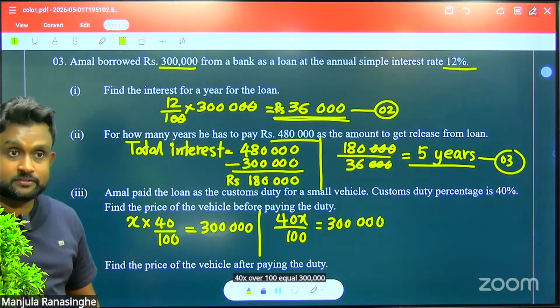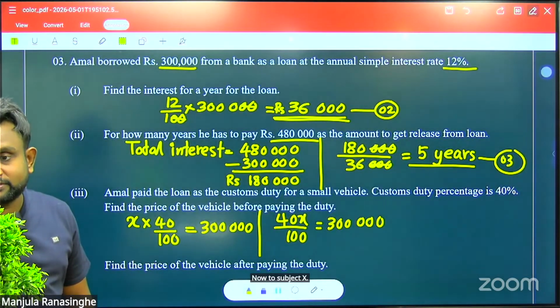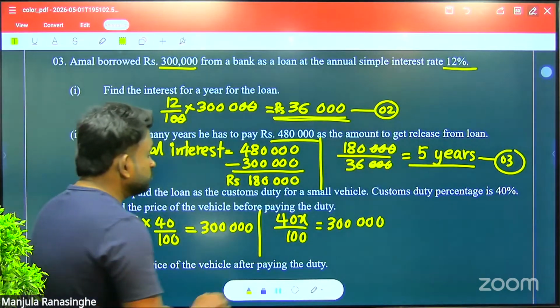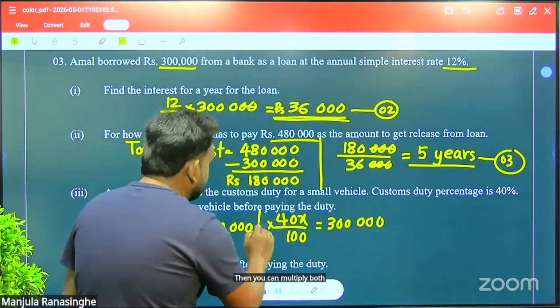Now to find x, how do we isolate x? You can multiply both sides by 100.